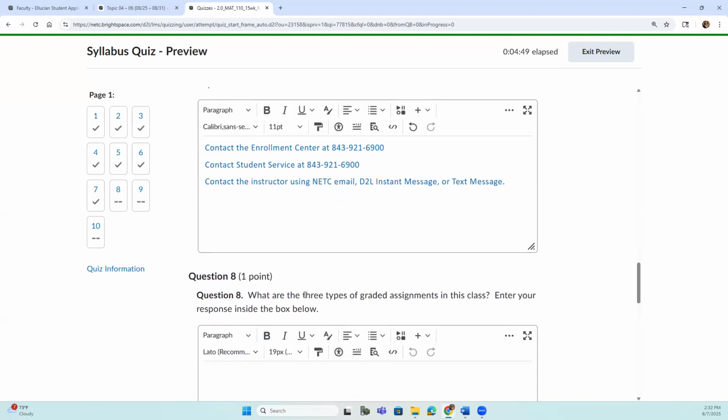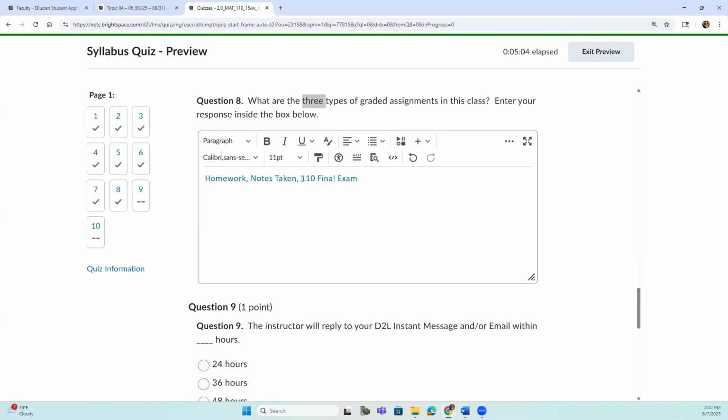All right, so now we've got 4 types of graded assignments. What are the 4 types? We've got homework, note taking, discussion, and the final exam.